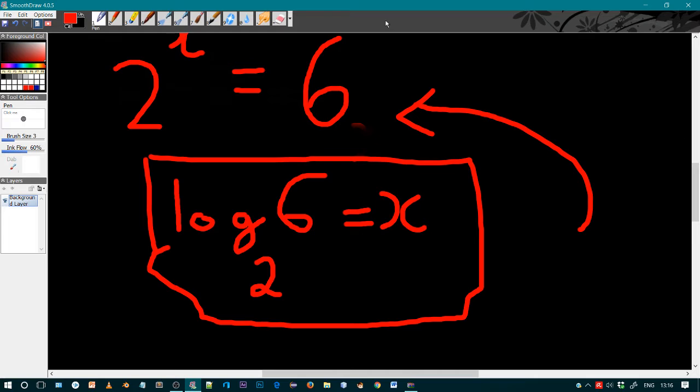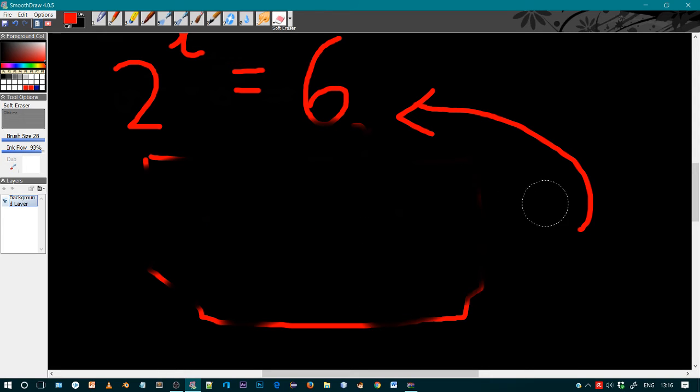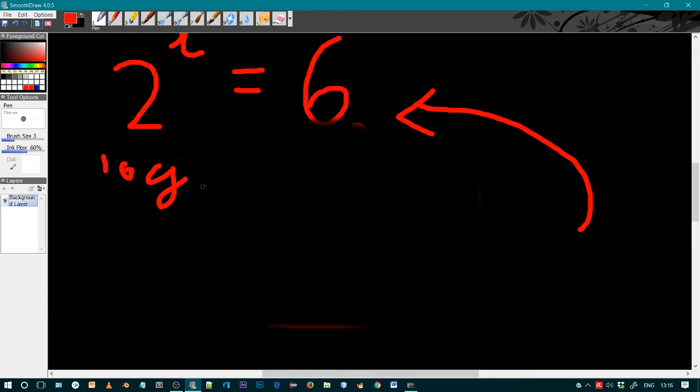In order to calculate, we have a rule here. I'm just going to erase it so that I have more space, and I'm going to rewrite it, don't worry. So log base 2 of 6 is equal to x.